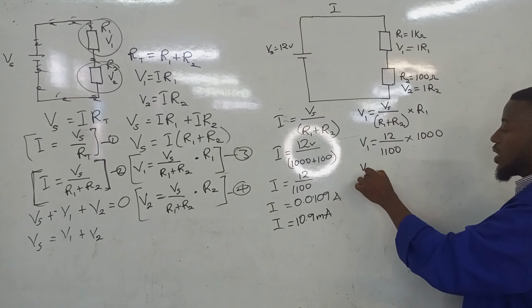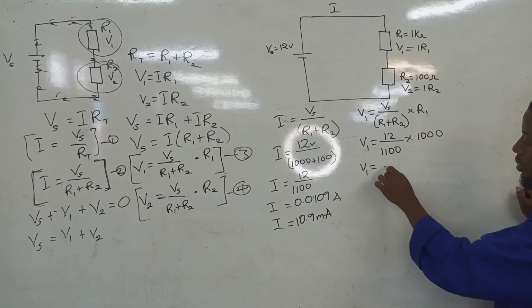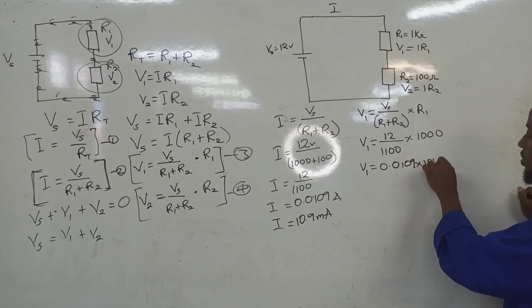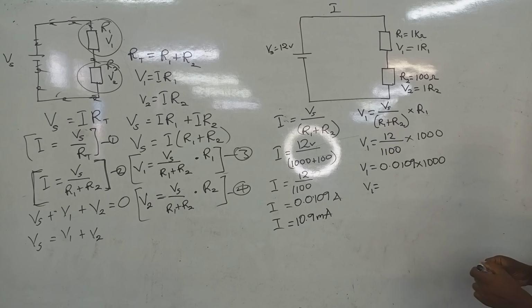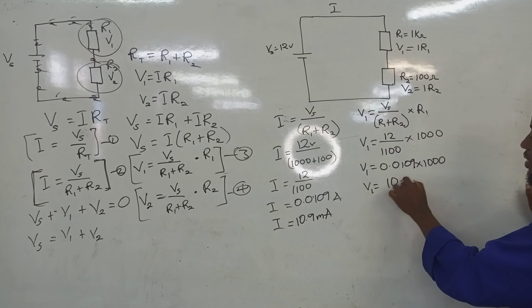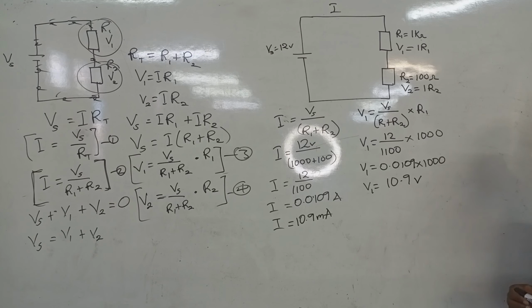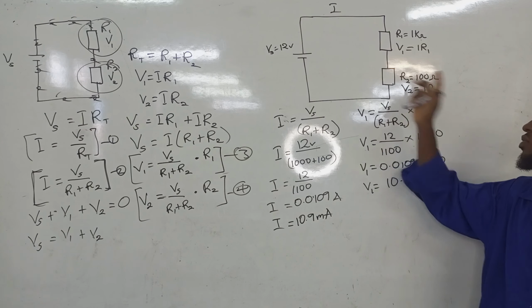So V1 is equal to 0.0109 times 1,000, so it becomes 10.9 volts.